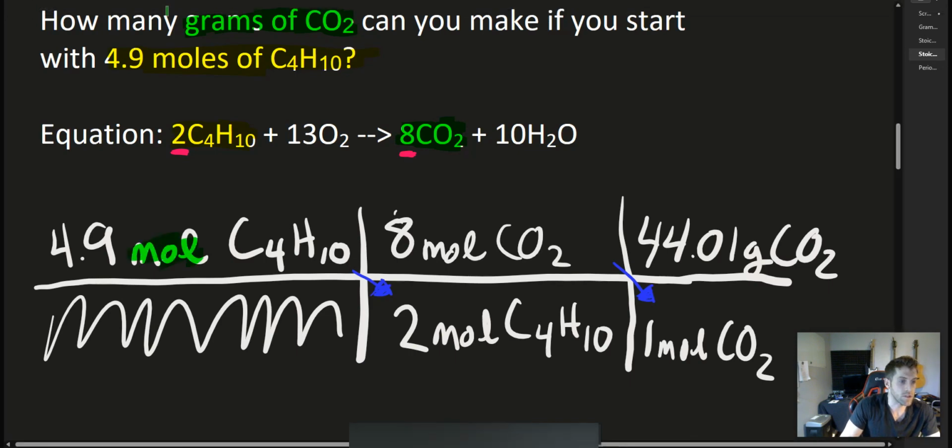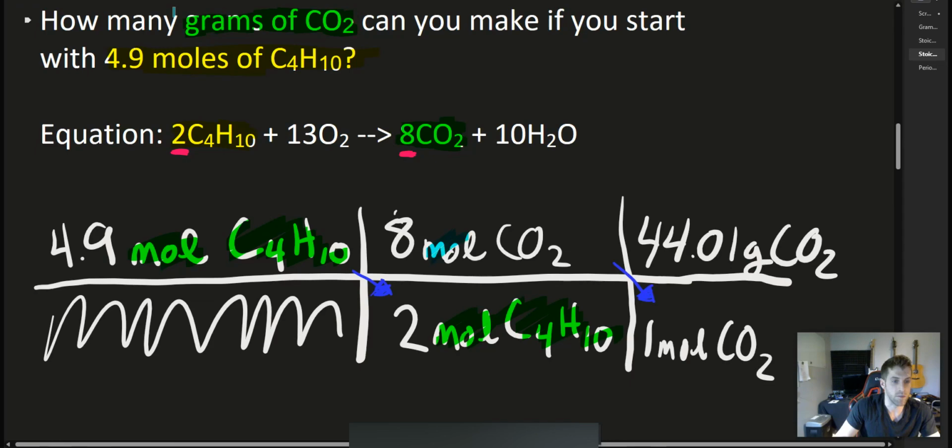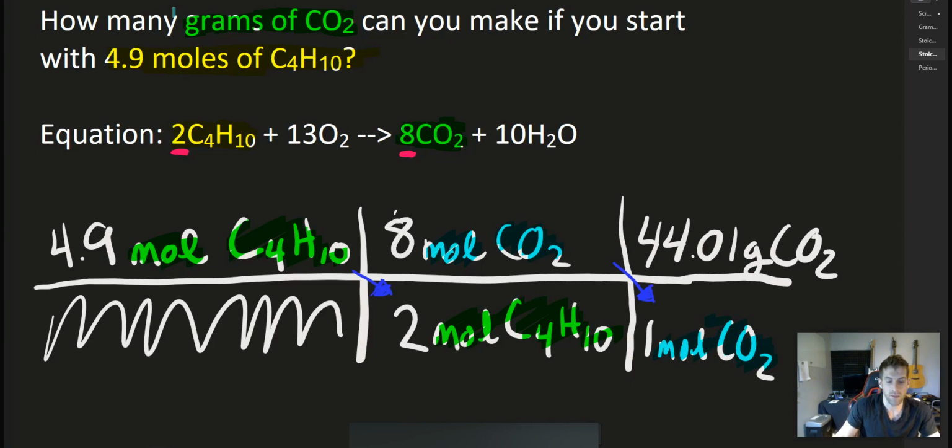This is moles of C4H10. This is moles of C4H10. We will also see here that this is moles of CO2. This is moles of CO2. So our product is going to be grams, because these two are going to cancel out mole and mole, and these two are going to cancel out mole and mole of the respective molecule.